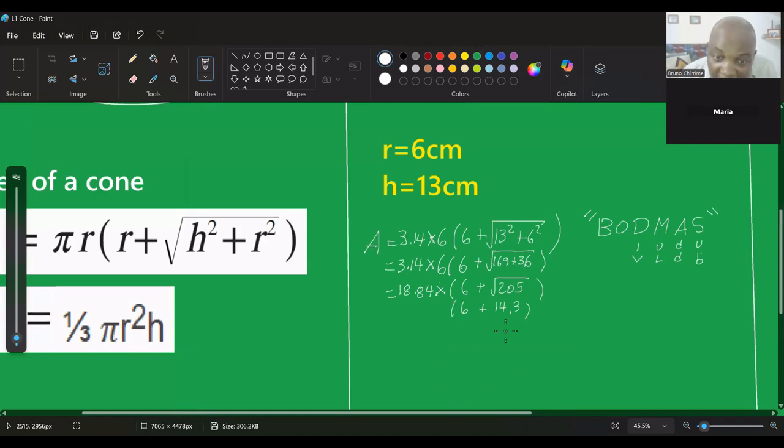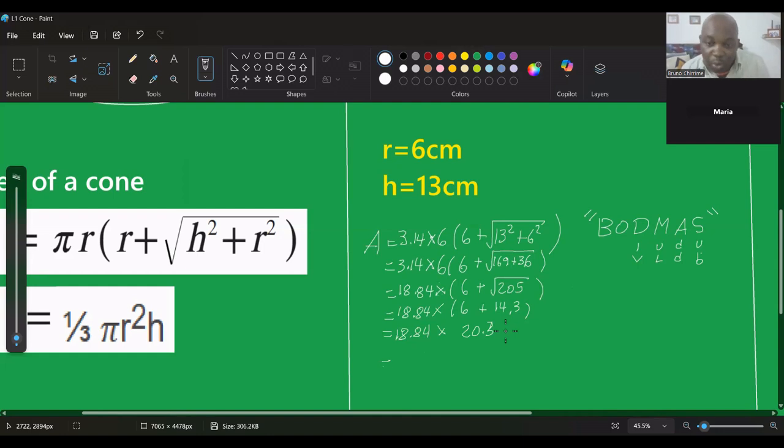Now 6 plus 14 anyway is 20, right? So 18.84 is still outside here, waiting to multiply. So now it's going to multiply 20.3. So outside you have 18.84 times 20.3, what should you get?